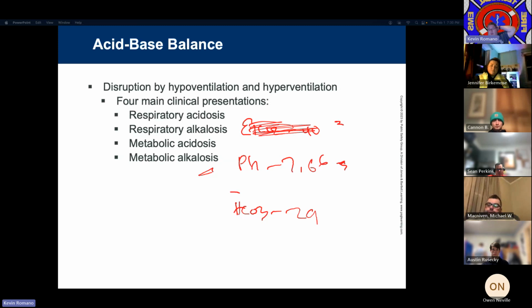Okay, is the bicarb normal? That's also high. Okay, so this patient would be in a metabolic alkalosis. Correct. Metabolic alkalosis. So let me show you this really quick.